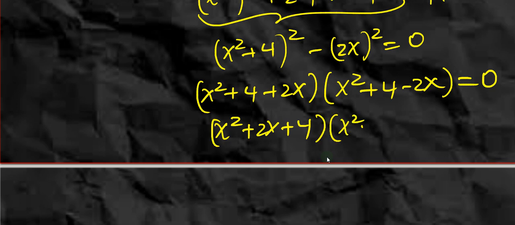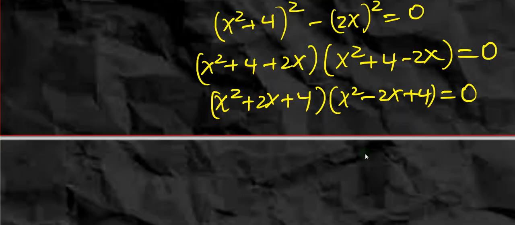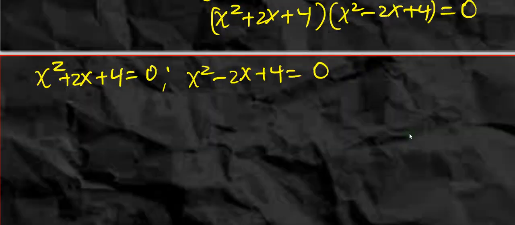So we got x squared plus 2x plus 4, which multiplies x squared minus 2x plus 4, and then this is 0. So cool. Now we can say our first equation is x squared plus 2x plus 4 equals 0, and the other one is x squared minus 2x plus 4 equals 0. Let's solve these two equations, guys.